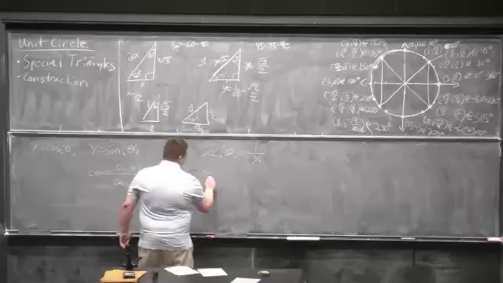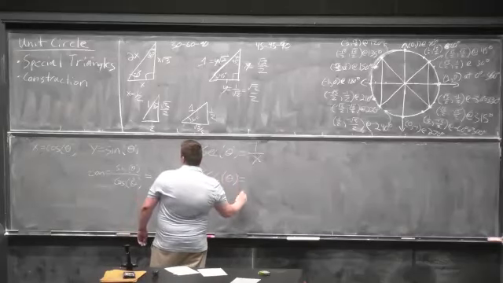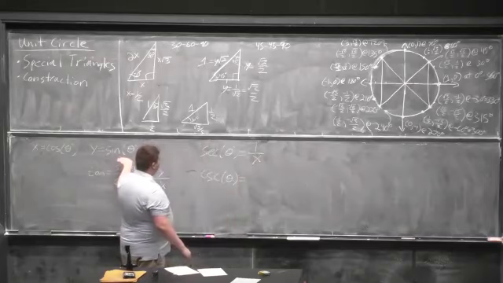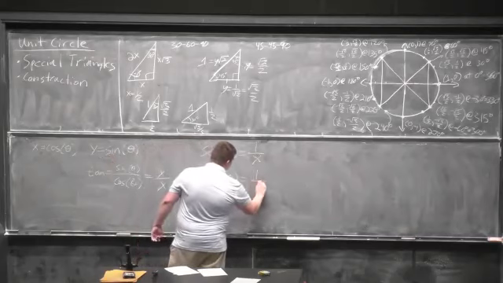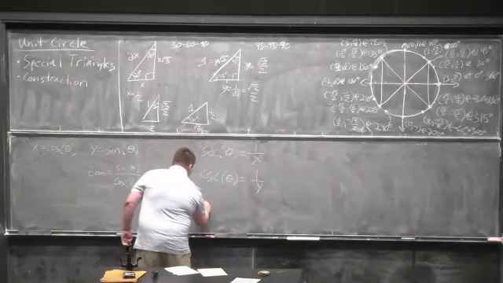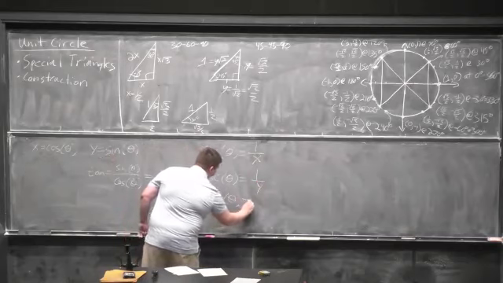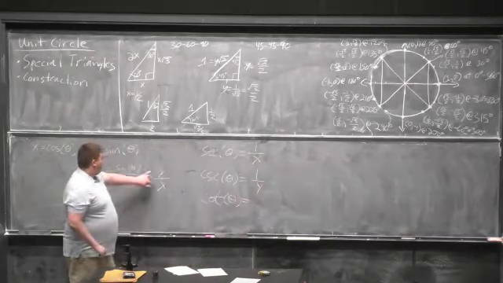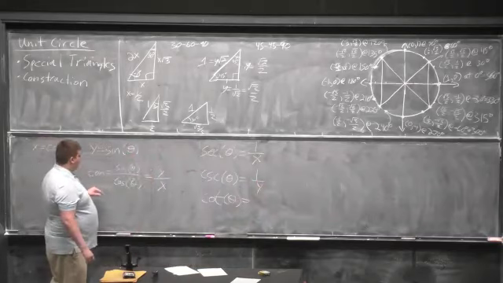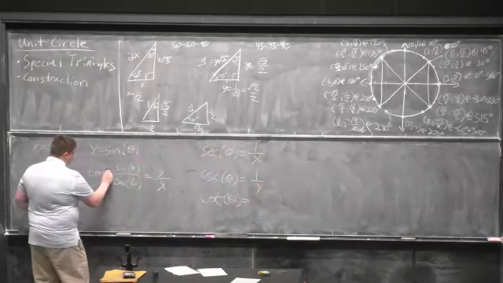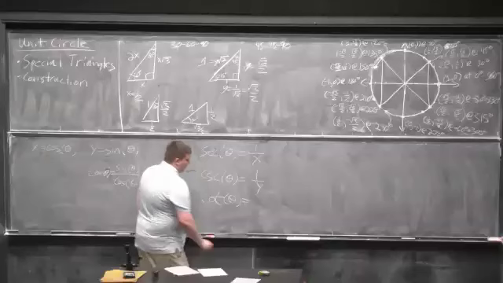Cosecant of theta is 1 over sine, which is 1 over y. And cotangent of theta is the reciprocal, or 1 over tangent of theta, and so we get x divided by y.